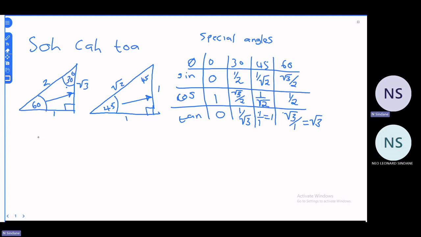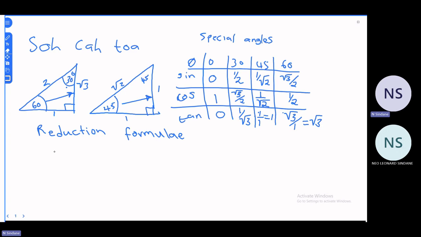Now, the next thing that we are coming to is reduction. Right? Reduction formula.